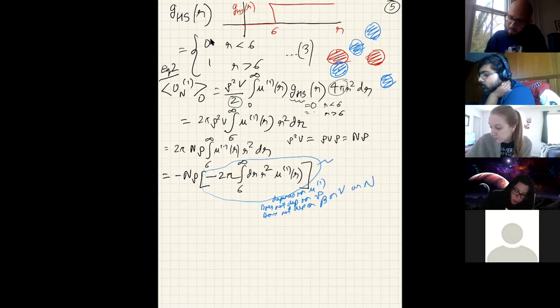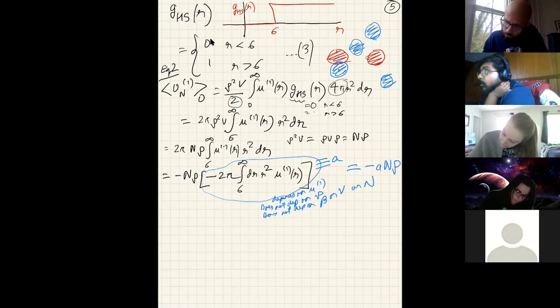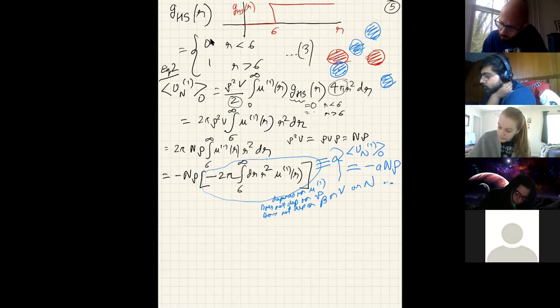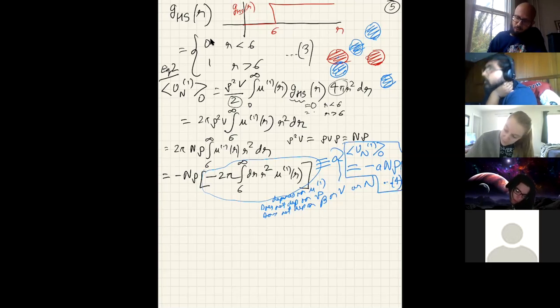So we call this quantity small a. With that, this equation becomes minus a N rho. So what we have shown here is that the average of U_N1 in the unbiased, reference ensemble is minus a N rho. Let's call this equation number 4, where a is defined through this thing over here inside the bracket.